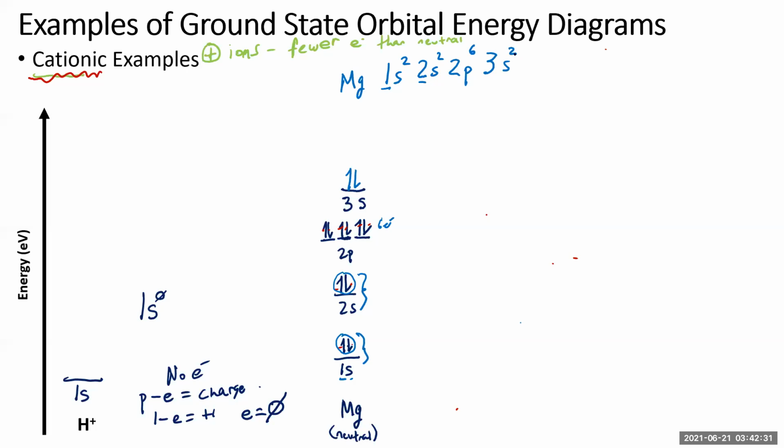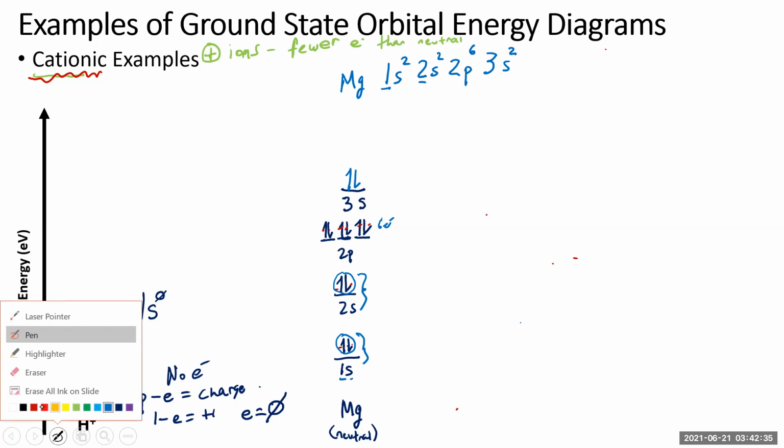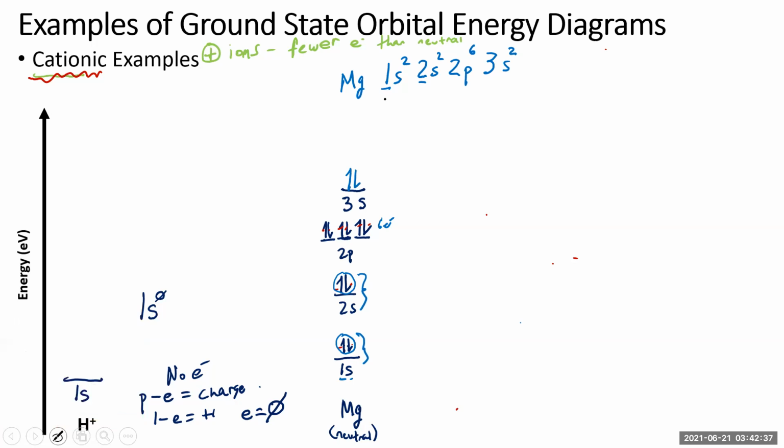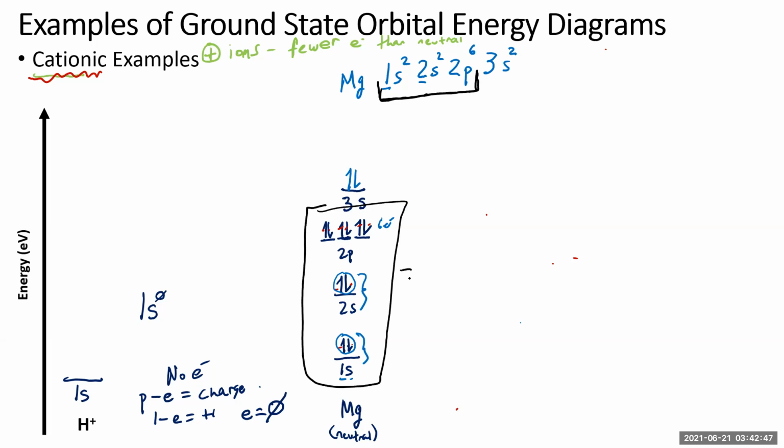Now, another way to represent this, a shorthand way to write this out, would be to recognize the fact that, hey, wait a minute, look at this, 1s2, 2s2, 2p6, all of this right here is equal to what? Well, it's equal to neon again, isn't it? So what I could do is represent this as neon, just this portion though.